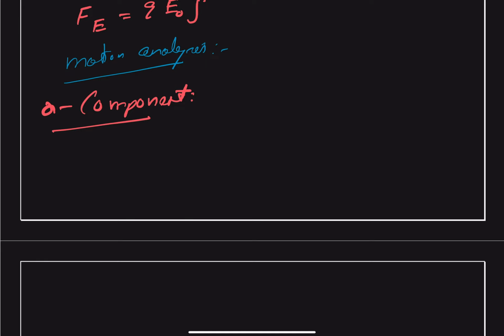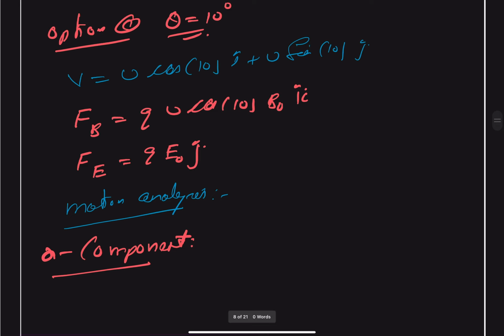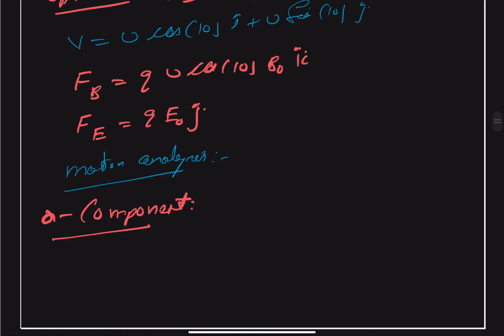In the x component, the initial velocity is v cos of 10. So this has two components, one along x component and another one along j component.